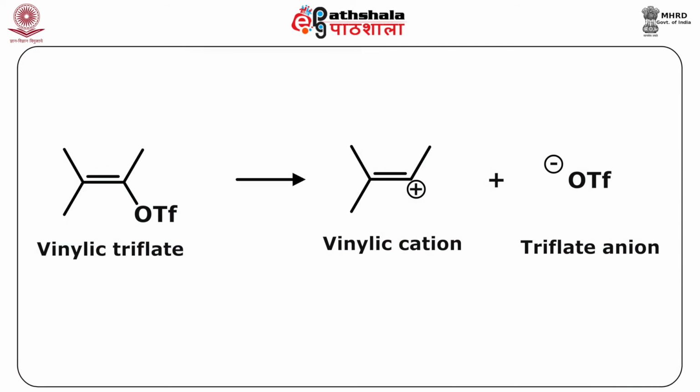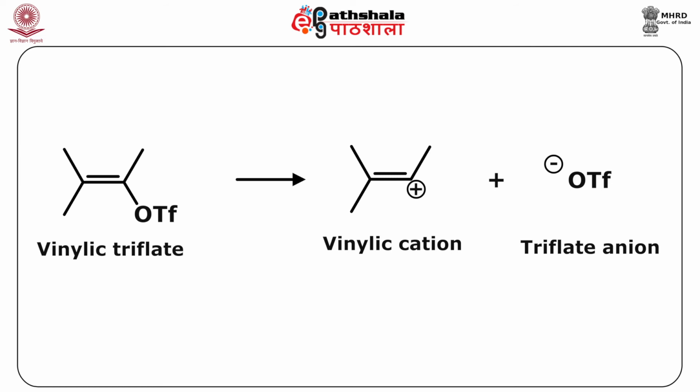Most commonly used for this purpose is the super leaving group trifluoromethyl sulfonate, which is known as triflate. Now, this is a very good leaving group, and if this is a good leaving group, then the vinyl cation can be easily accessible for study.